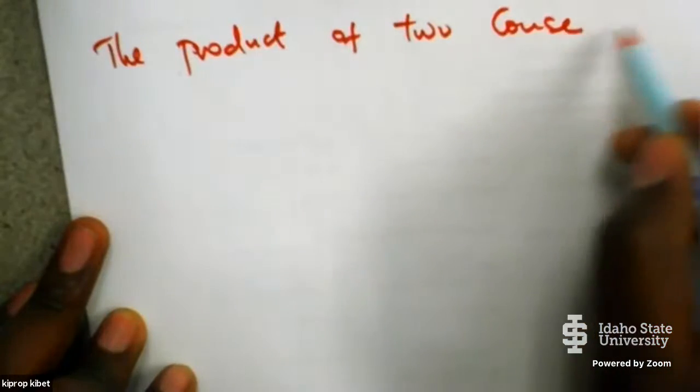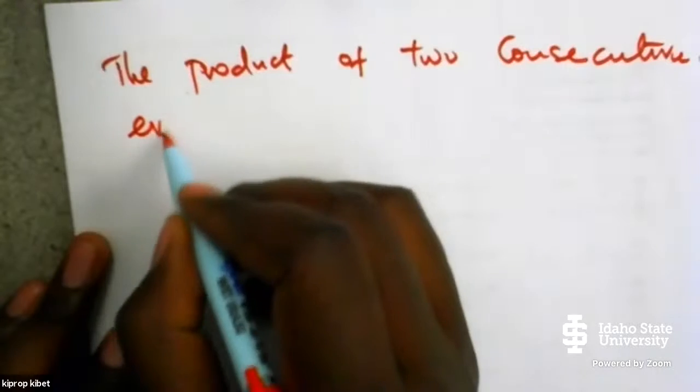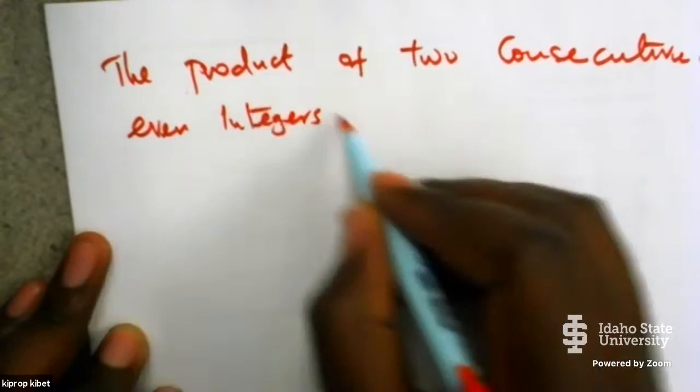Right. Example number one. The product of two consecutive even integers is 624.